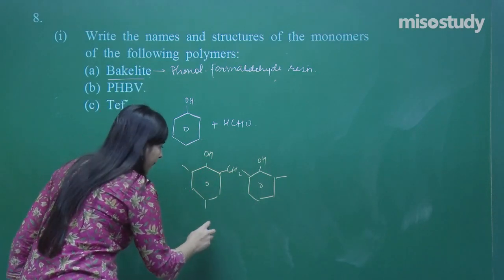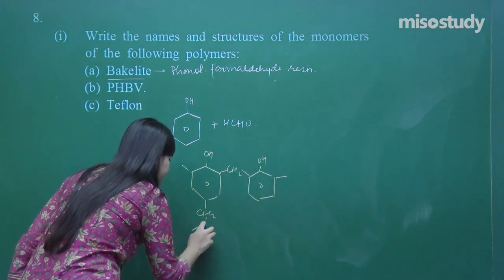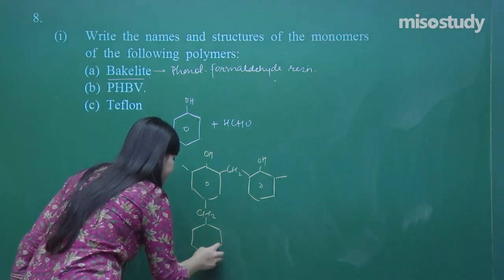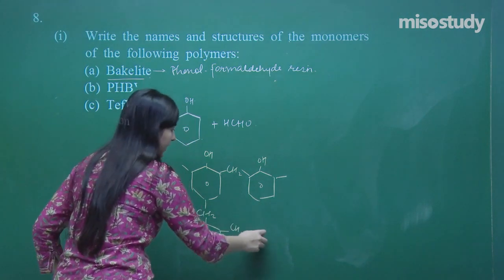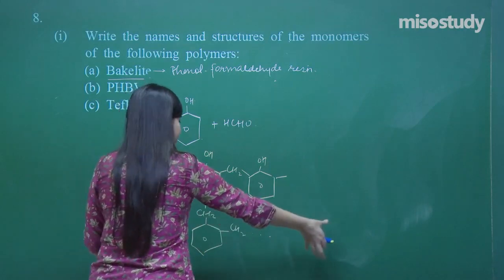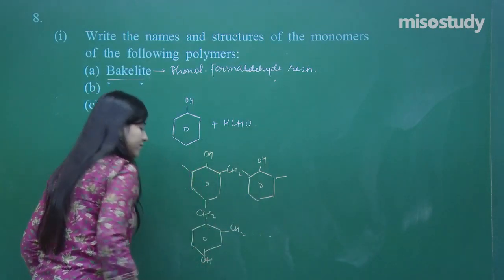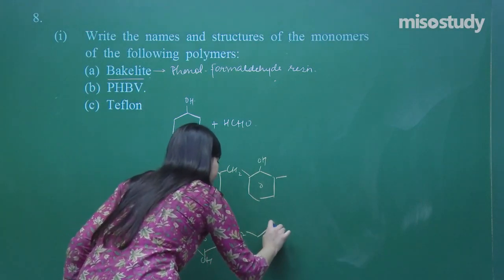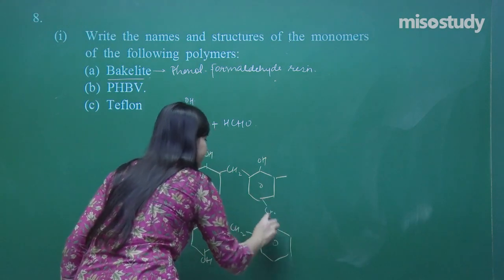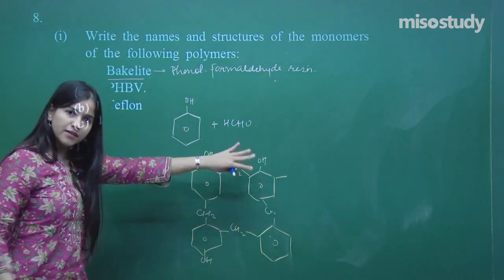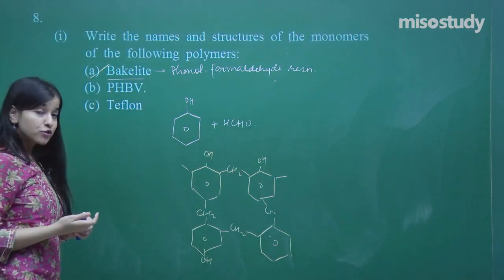The connections will be somehow like this, and CH2 and a similar kind of arrangement will be here as well, and OH downwards. Fine, like this. Clear? Something like this, a symmetric one. Fine? Done? PHBV. So it's very important.